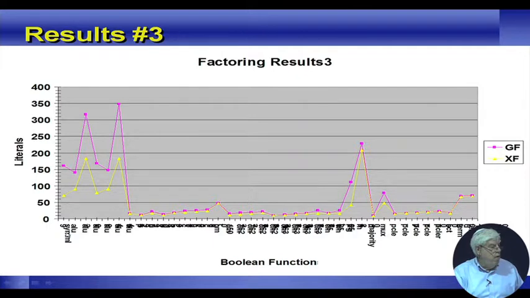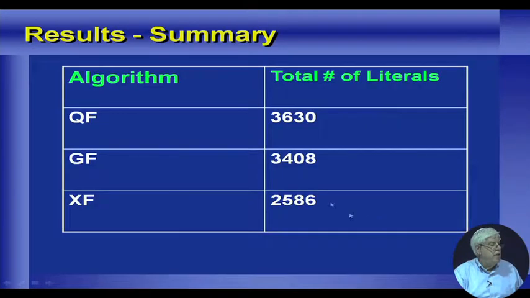Here we have a whole string of functions that came from some library where we ran everything. Good factor, we couldn't run Boolean on any of these, I think. We ran good factor. You can see good factor is the pink line, and X factor is never worse on this test set.